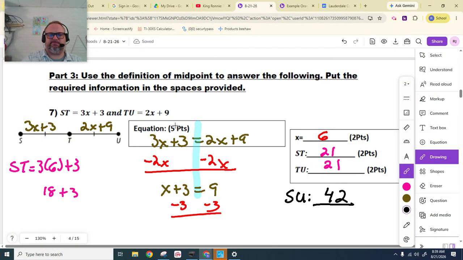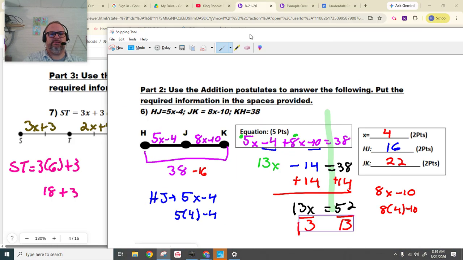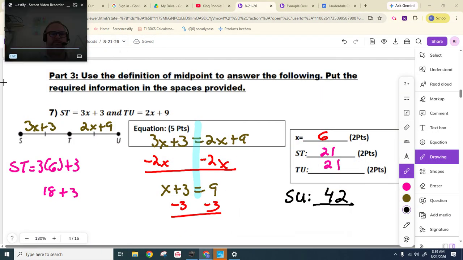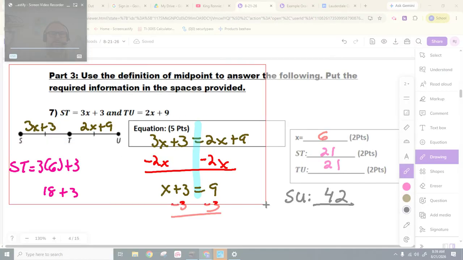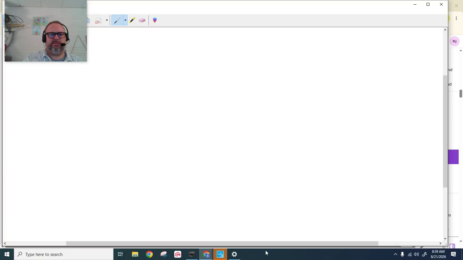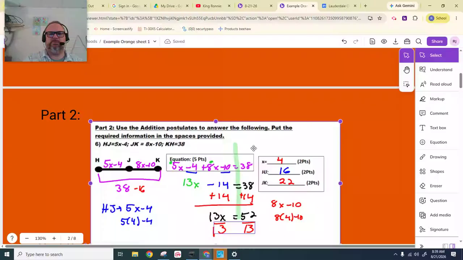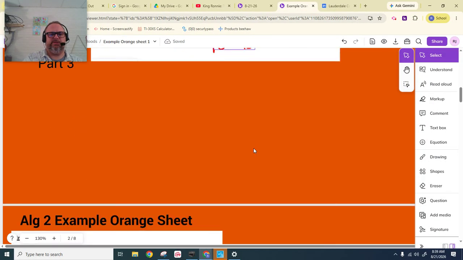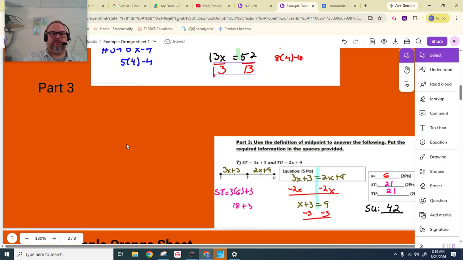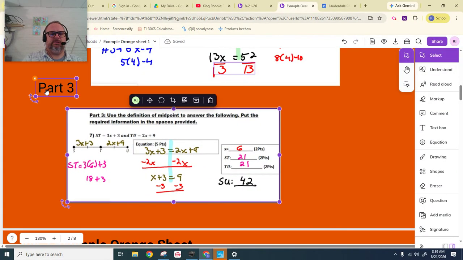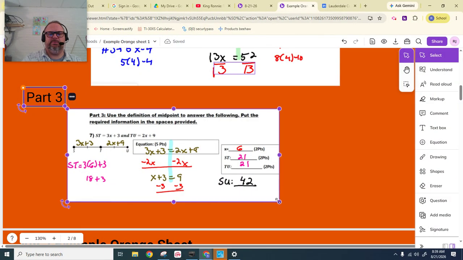So then on my example orange sheet, like this.